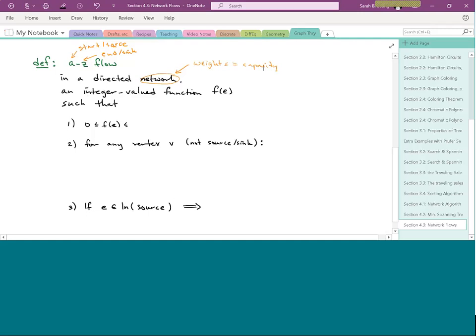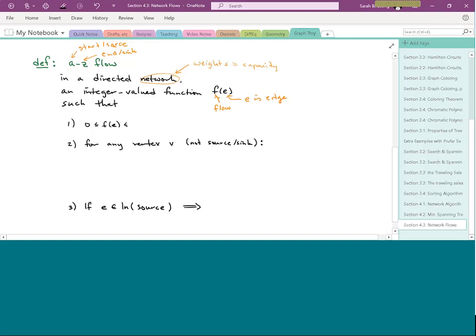This means the outputs here are only integers. This f of e is the flow. And specifically, it is the flow on each edge. So e here is an edge. Okay.